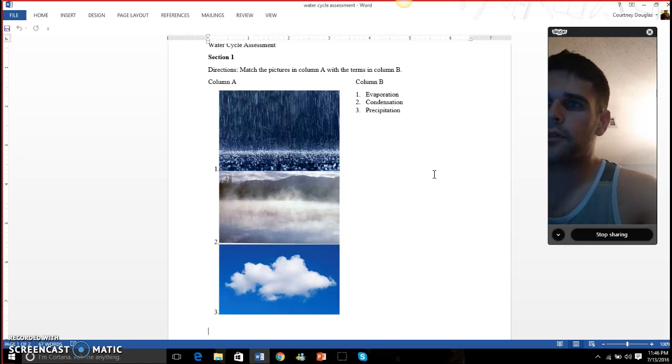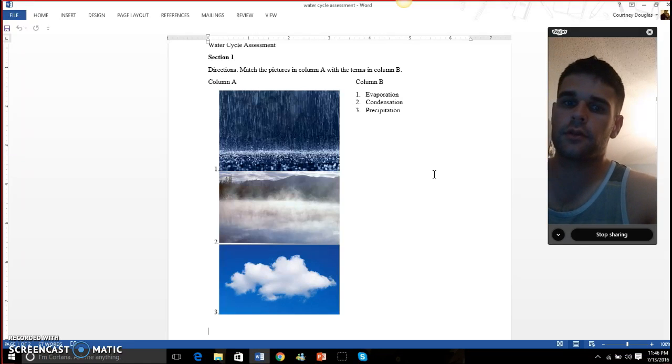Okay. What's the term? Evaporation. Okay. Picture 3 is condensation. And then picture 1 is precipitation. Very good, Henry. Kiss your brain again.